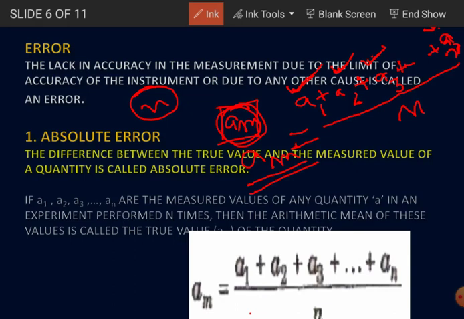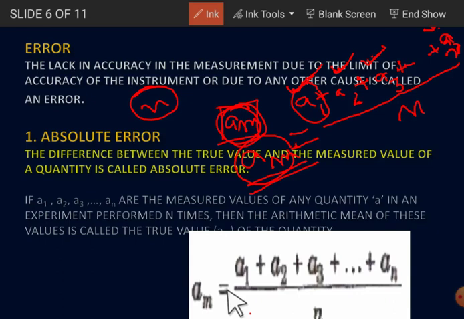To find the absolute error in the first measurement, you need to take the difference of this a_m and a1. That will be the absolute error in the first measurement. The absolute error in the second measurement will be a_m minus a2. But while taking that, we don't know whether a_m will be greater or a1 will be greater.